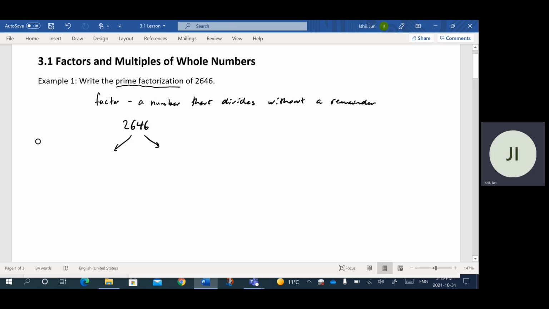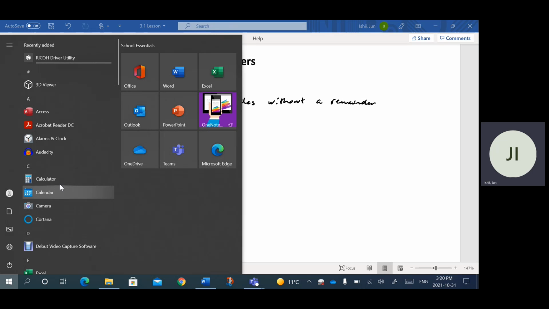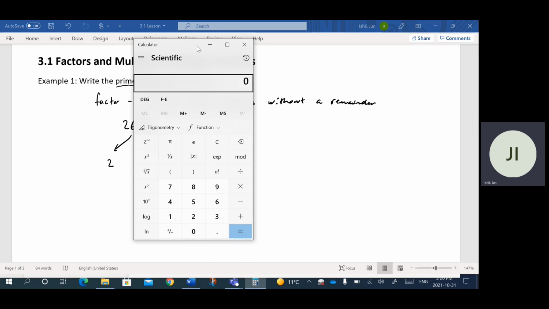So for instance here, since it's an even number, 2,646, I'm going to write this as 2 times something. Just to avoid making a mistake, I'll use a calculator.